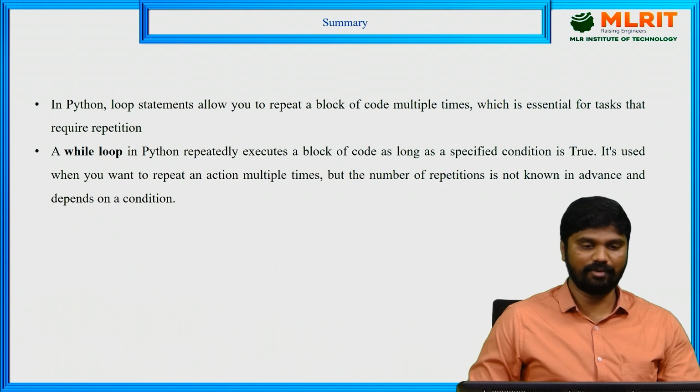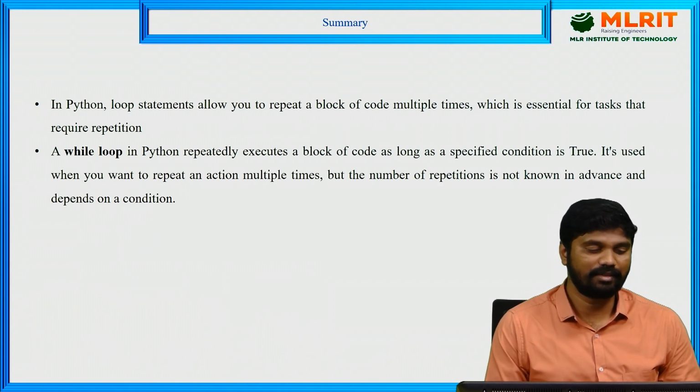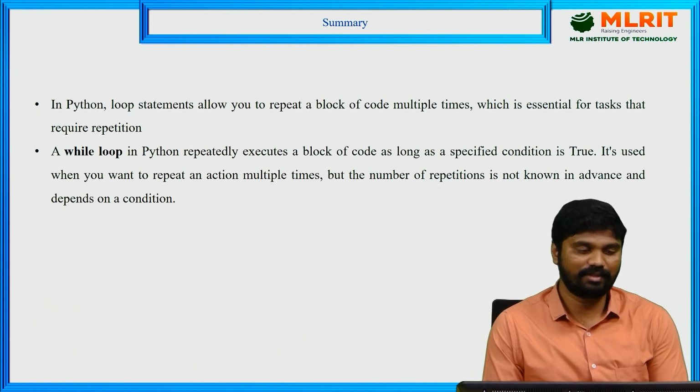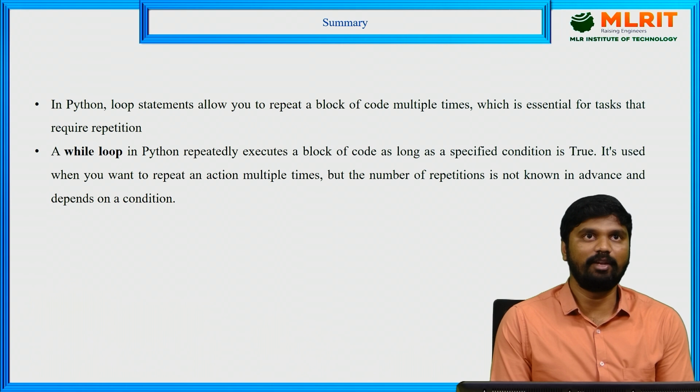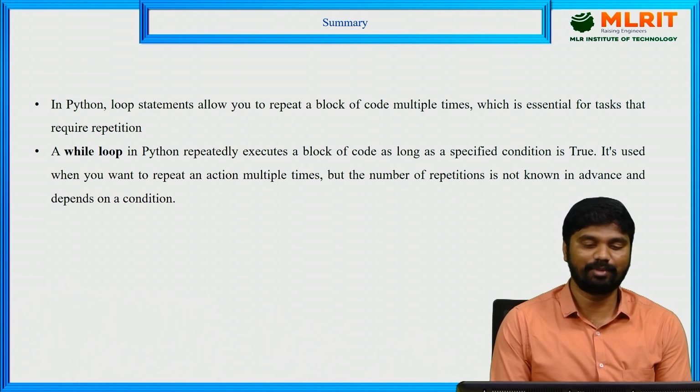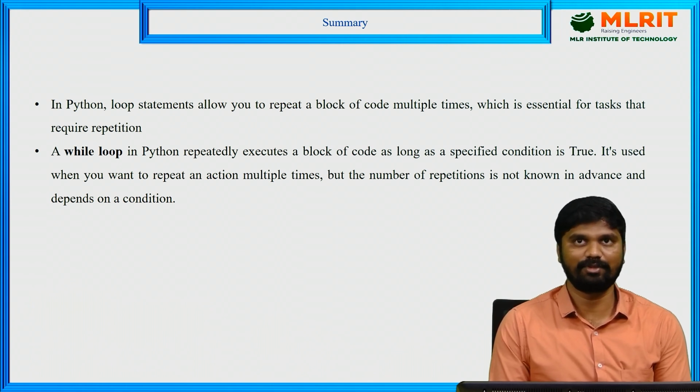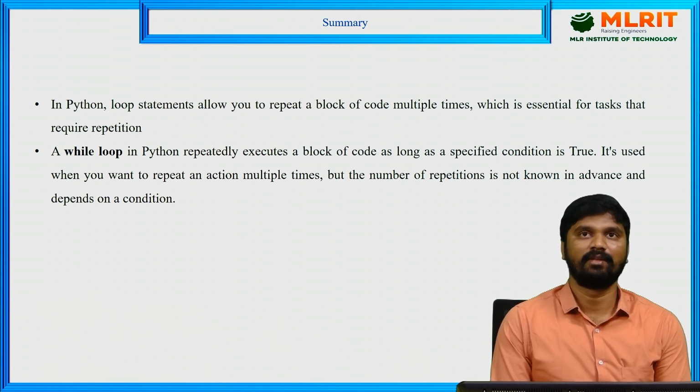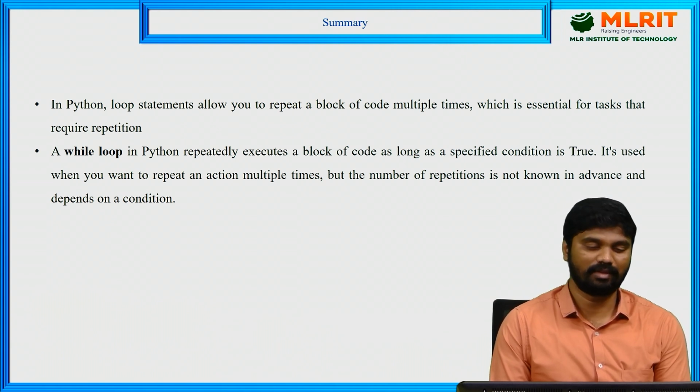Now, this is the final summary of this discussion. In Python, loop statements allow you to repeat a block of code multiple times, which is essential for tasks that require repetition.